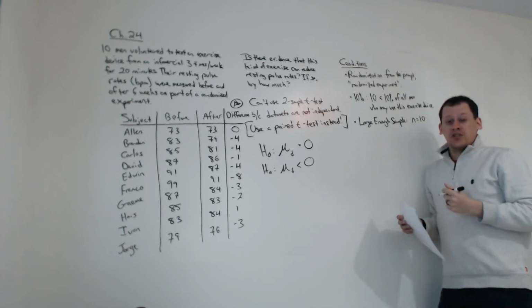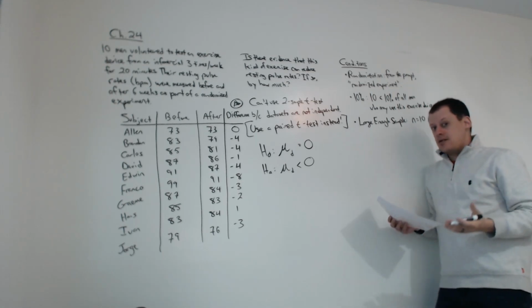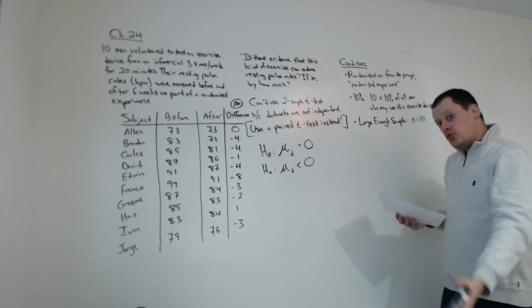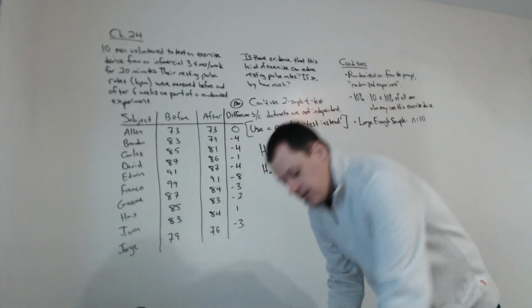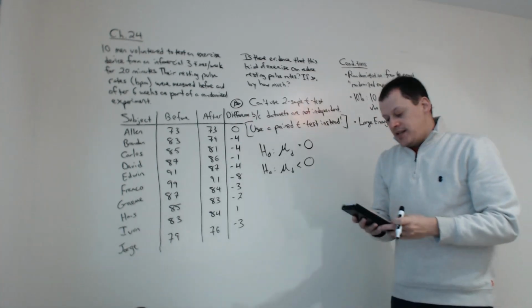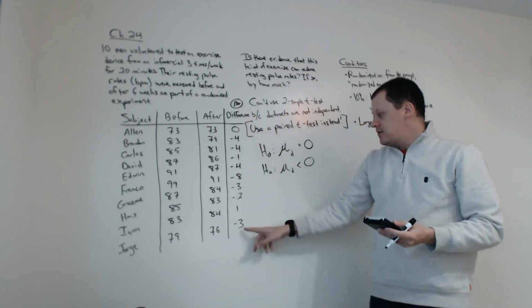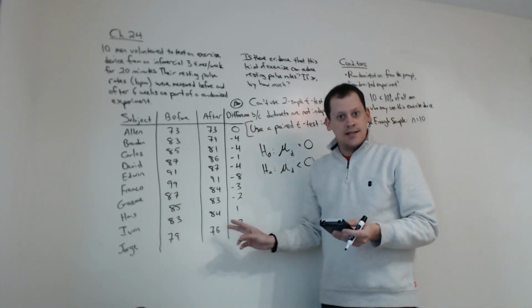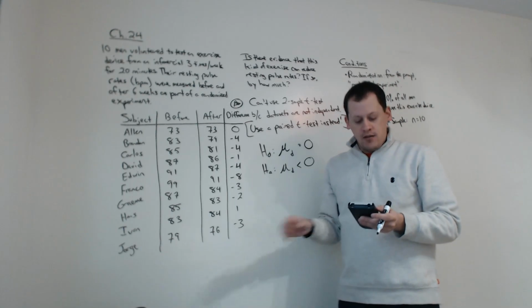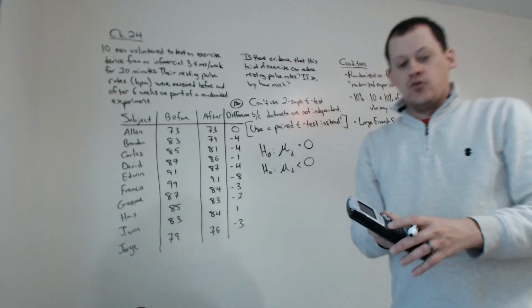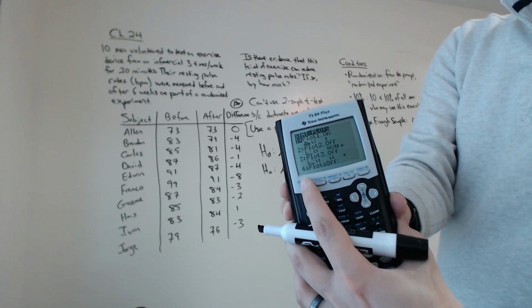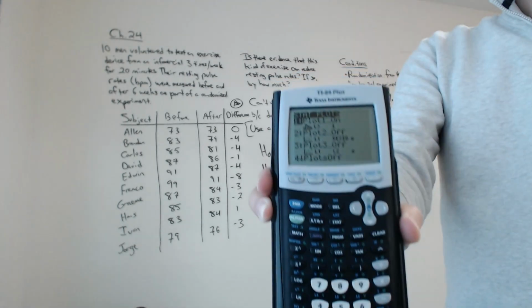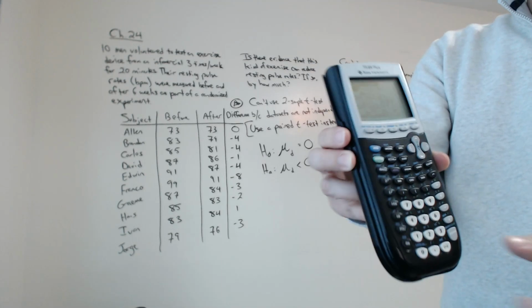So in order to show that this looks nearly normal, we have to make a histogram, which is why I suggested that you put this in your calculator. So we need to make a histogram of these values, which if you did this as I did, is in L3. So you will go to the second stat plot. You can use that first one there.